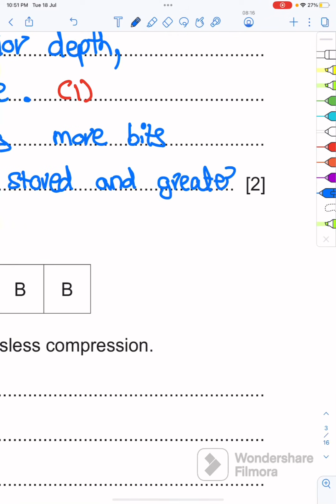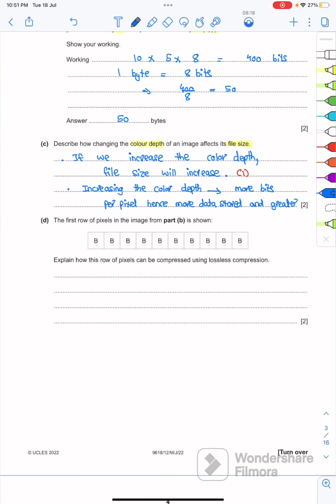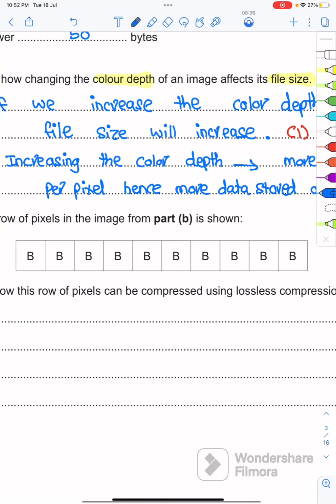All right, so you're going to get 1 mark for the general answer, which is that obviously if you increase the color depth, the file size will increase, or vice versa. That's going to give you 1 mark. The other mark will be for the explanation. Inversely, if you were to say that if we decrease the color depth, that would be less bits per pixel, thus less data stored, and a smaller file size, right? So that was your 2 marks.